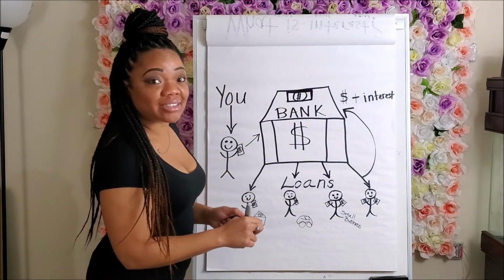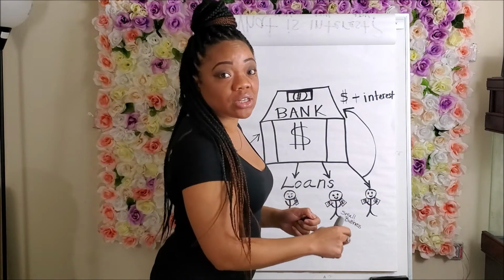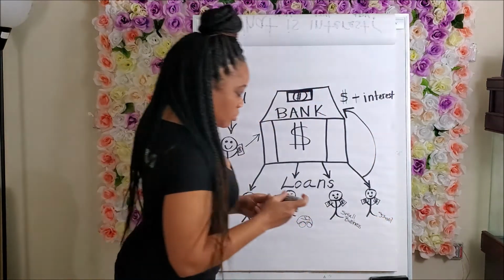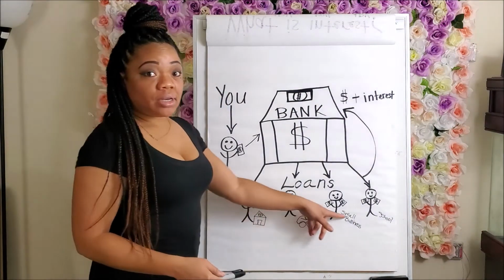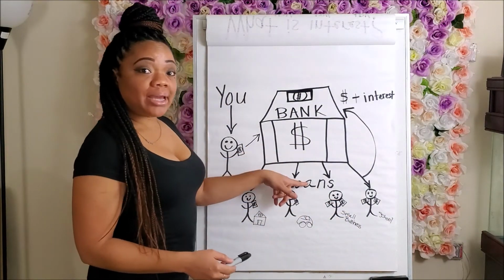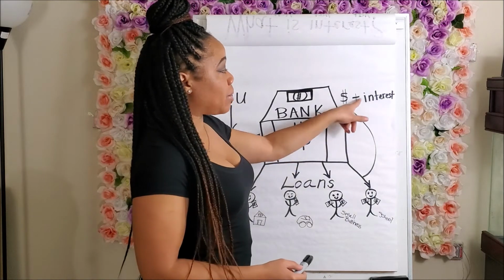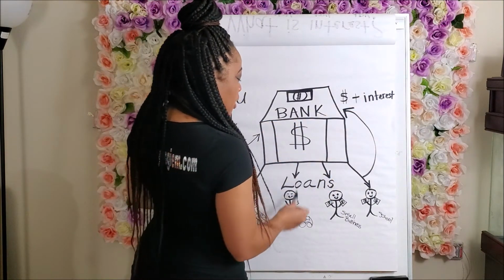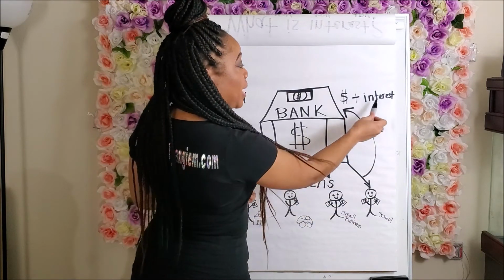For a small business. And this person wants a loan for school. So these people have their loans from the money that you put into the bank, and then they have to pay that back plus interest.